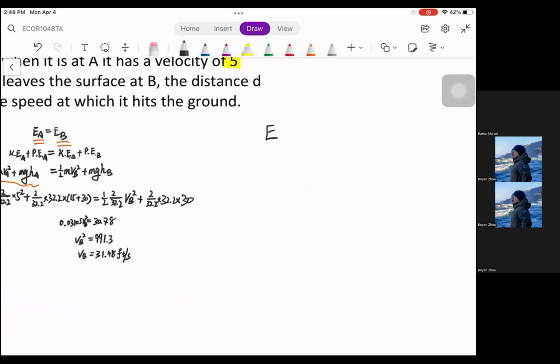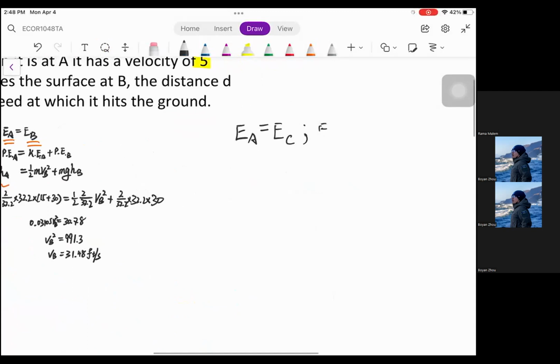The energy at point A is equal to the energy at point C. Or you can also say the energy at location B is equal to the energy at location C. It doesn't really matter, but I'm going to use the first one.